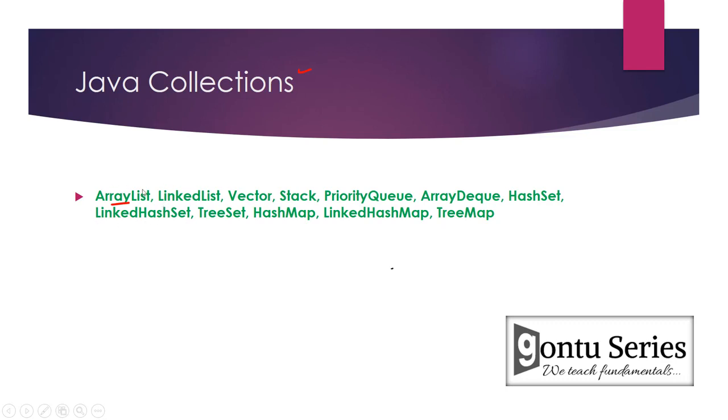You have to be very attentive while learning array list, the first topic, and the rest we are going to cover very fast, because whatever concepts you have learned in array list, the same concepts are applicable in all of these other collections you are seeing right now. So today's session was a bit lengthy and heavy in terms of the concepts involved, but learning the rest of the collections is going to be a very easy task.